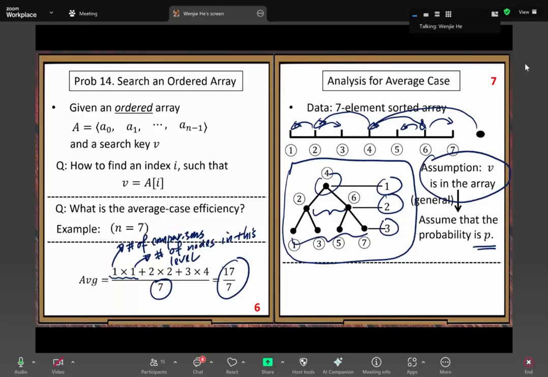The reason they do that is because they feel this number represents the number of comparisons, and when you talk about the number of comparisons, they feel they should use integer numbers. That's true for best case and worst case, but not true for average case.